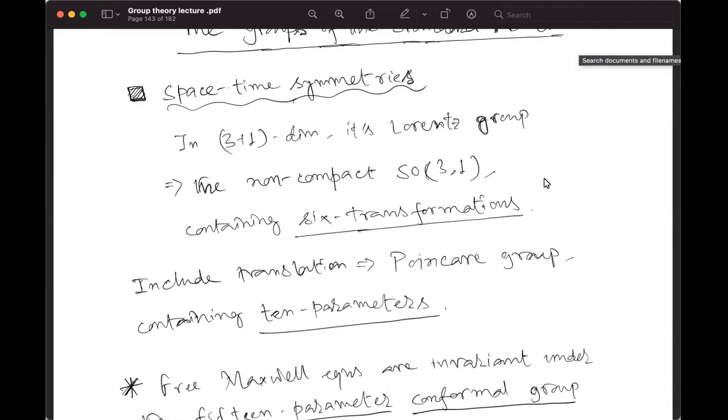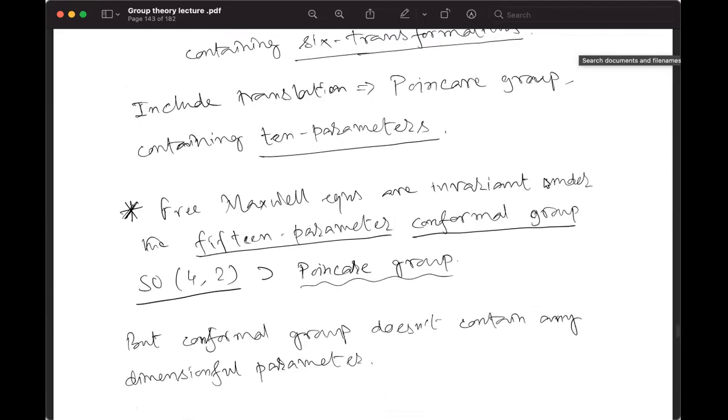On top of that, when you add translations, that leads to a 10 parameter group, an extension of the Lorentz group, which is known as the Poincare group. You can think of the Lorentz group as a subgroup of the Poincare group. Now, the free Maxwell equations are invariant under the 15 parameter conformal group, SO(4,2), which contains the Poincare group as well.